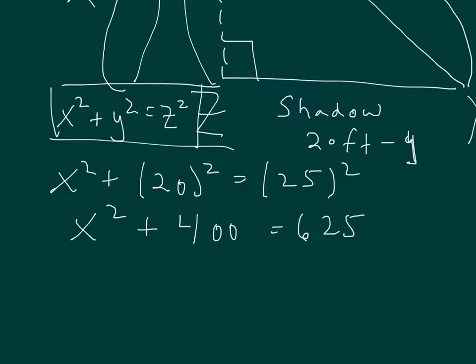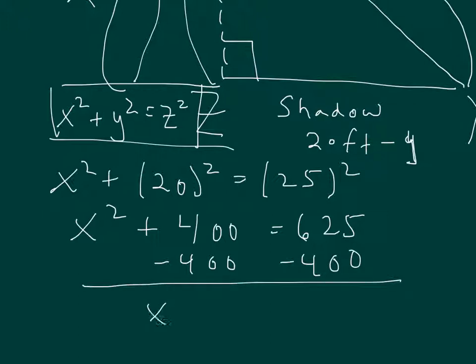So again, to get x squared by itself, we'd subtract 400 from both sides, and it would give us x squared is equal to 225.